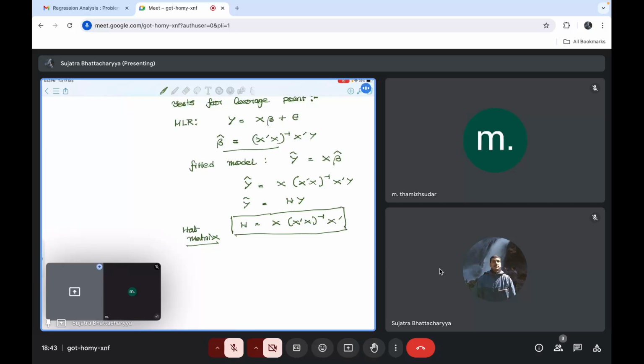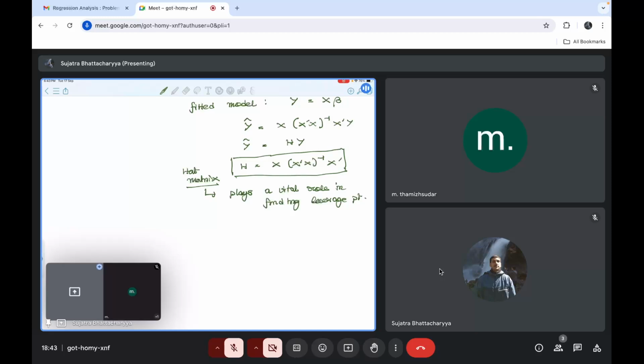This hat matrix plays a vital role in finding the leverage point. We have also seen that 1 upon 1 minus h_ii becomes large as h_ii increases, and that helps identify the leverage point. So it has a vital role in detecting the leverage point. This is an important parameter.